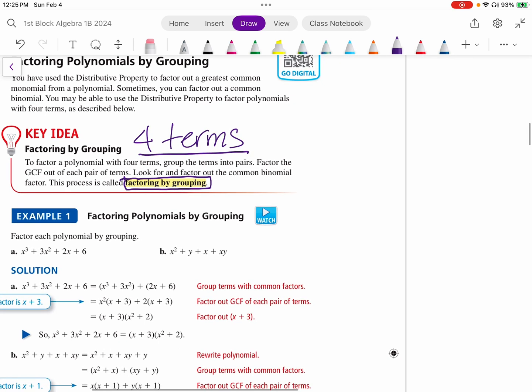Now, what we want to do with factoring by grouping is look to see if our polynomial is written in standard form. Most often, I'm not going to say every single time because there's always exceptions in math, but most often, if your polynomial is written in standard form, you are going to have success factoring by grouping.